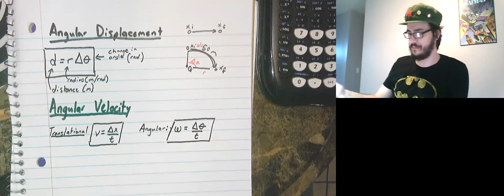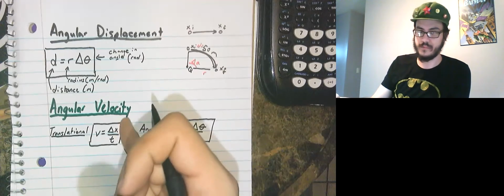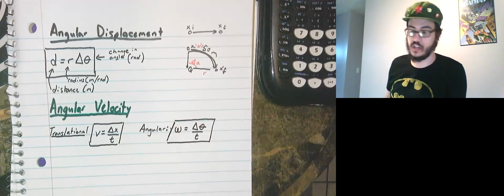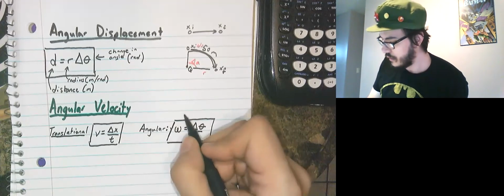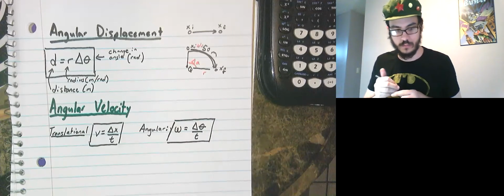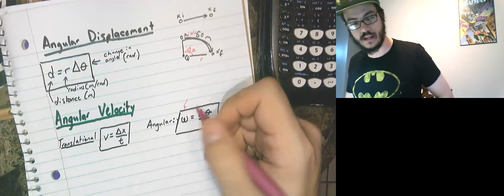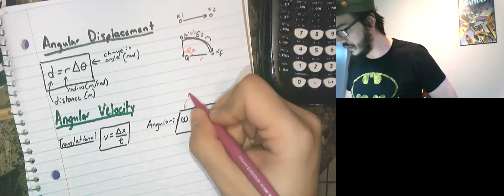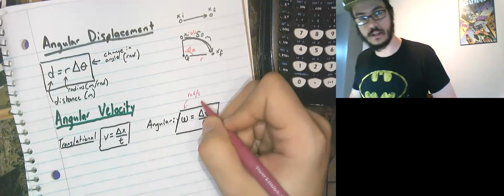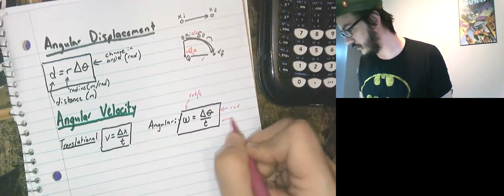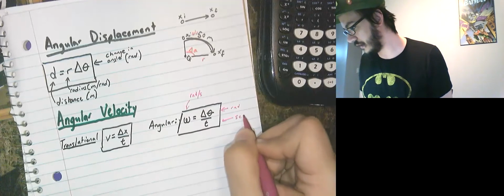Exactly what you thought it would be. Angular displacement over time, translational displacement over time. Same formula, just new letters. In terms of what the units will be for this, remember we're worried more about radians at the moment. So this would be in radians per second. This would be in radians. This would be in seconds.